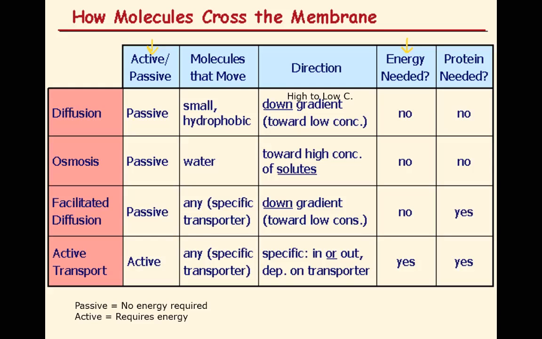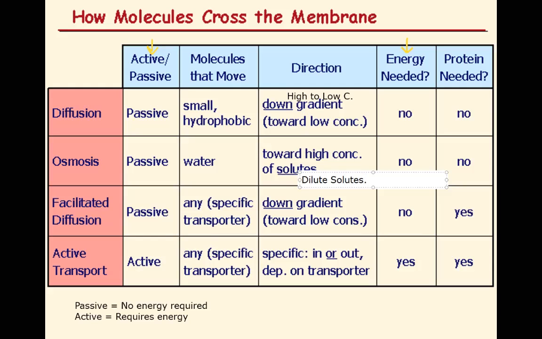Osmosis is the diffusion of water, so it really is the same on almost every front. The difference is that it's only for water. And because water is typically the solvent, not the solute, it goes towards the higher concentration of solutes, so it is going to dilute solutes.